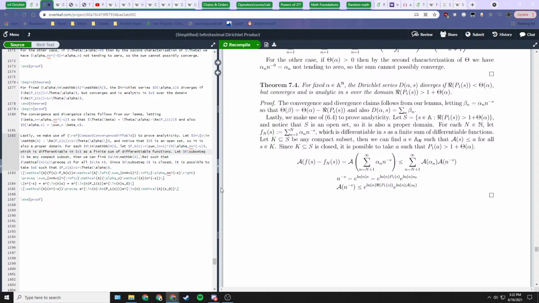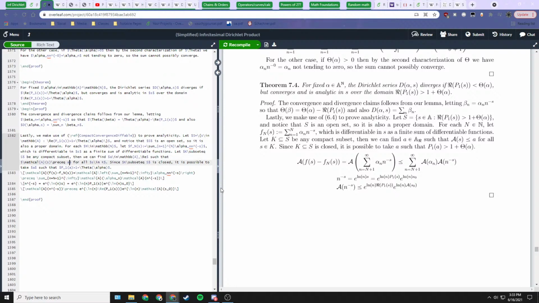So the trouble here is we need to separate the first index from, oh, I know what you need to do. The continuous image of a compact subset is compact.